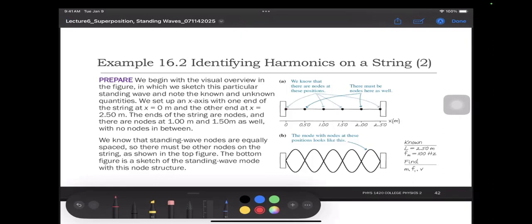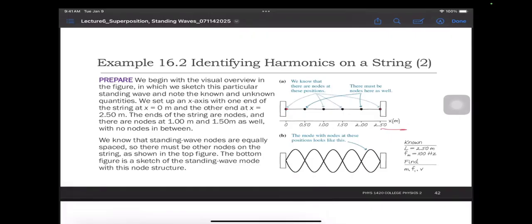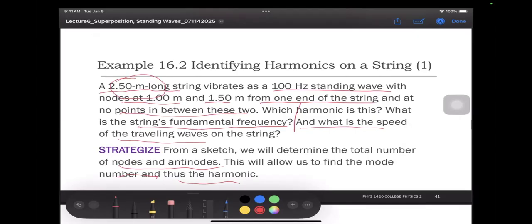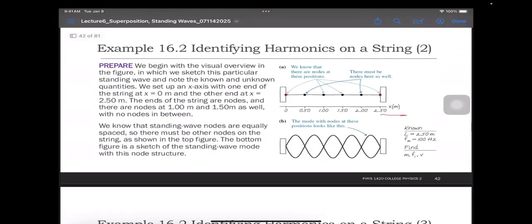We set up an x axis with one end of the string at 0 and the other at 2.5, because the string is 2.5 meters long, and the ends of the string are nodes.